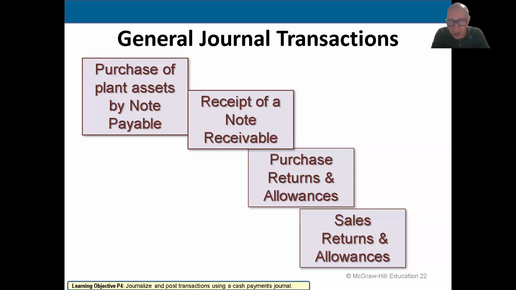Includes things like the purchase or sale of property, plant, and equipment, the use of notes or bank loans, receipt of a notes receivable, which is a loan that the business gave to a customer, purchase and return allowances, just kind of like the odd stuff. Make special journal entries for those things.